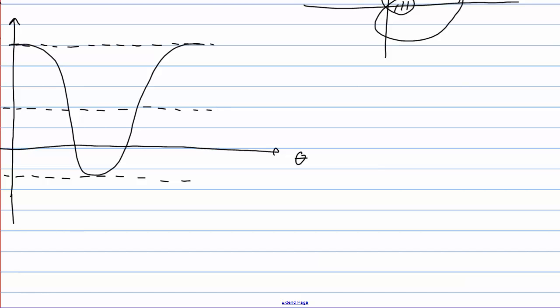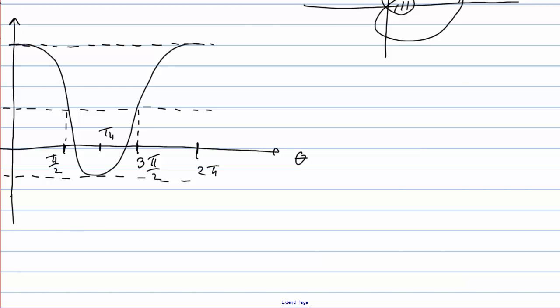Here was 3. So here, right here, that's 2 pi. Here is pi. This point is pi over 2. That point is 3 pi over 2.